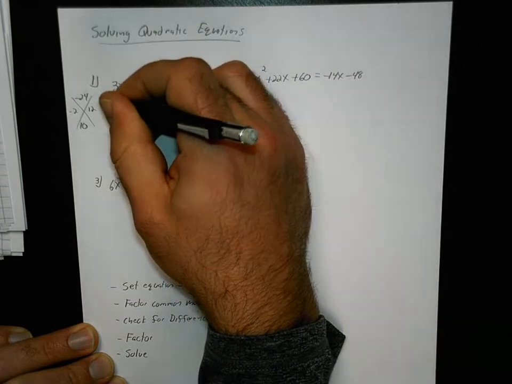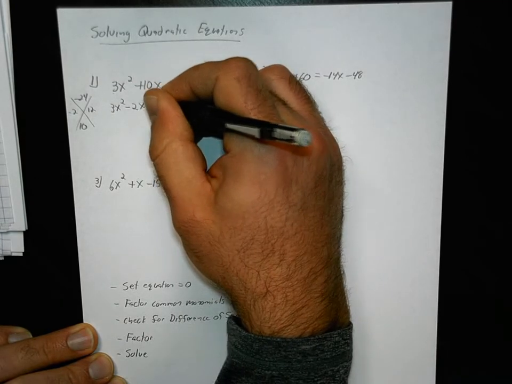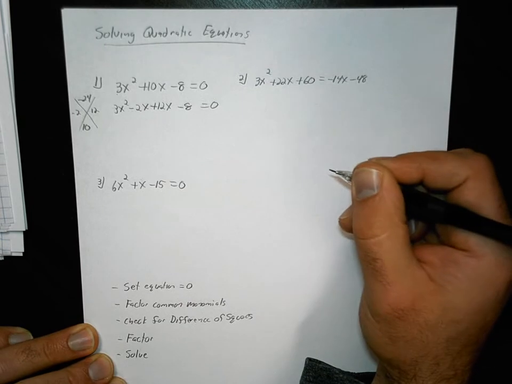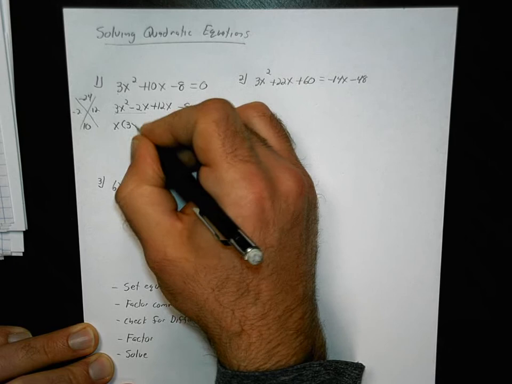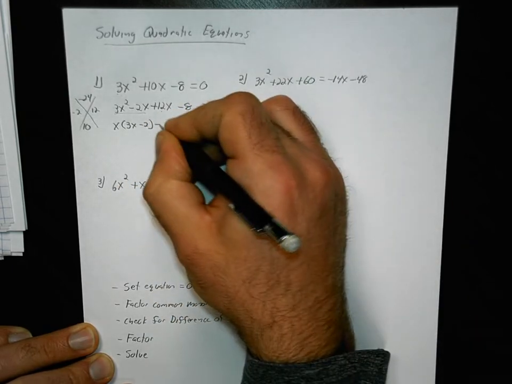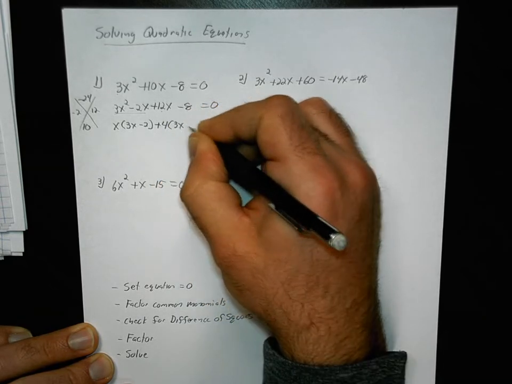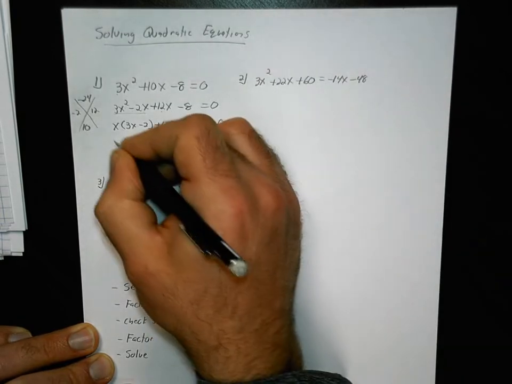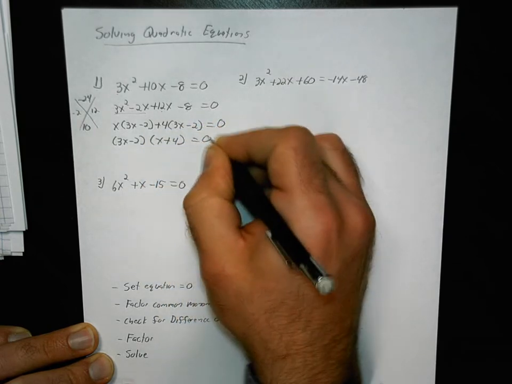Okay, so let's go 3x squared minus 2x plus 12x minus 8. Okay, so what factors out of these? Just an x. And then looks like 4 factors out of those. So now I've got the 3x minus 2 and the x plus 4.